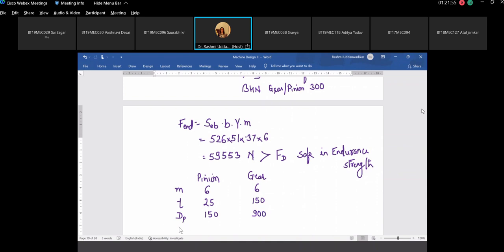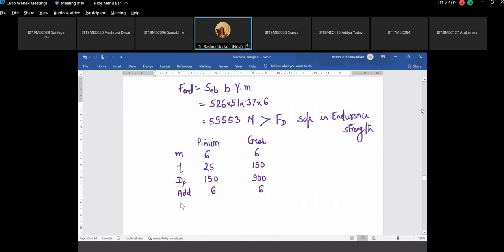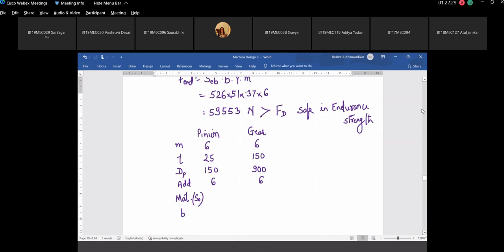Then you have to give the addendum value, which is usually equal to M. You can give the dedendum value if you remember the formula, 1.57 times M. You have to give the material, carbon forged steel, whatever grade, cast steel, whatever grade. You can mention S0. You have to give the face width, which will be the same for gear and pinion. What else did you calculate?